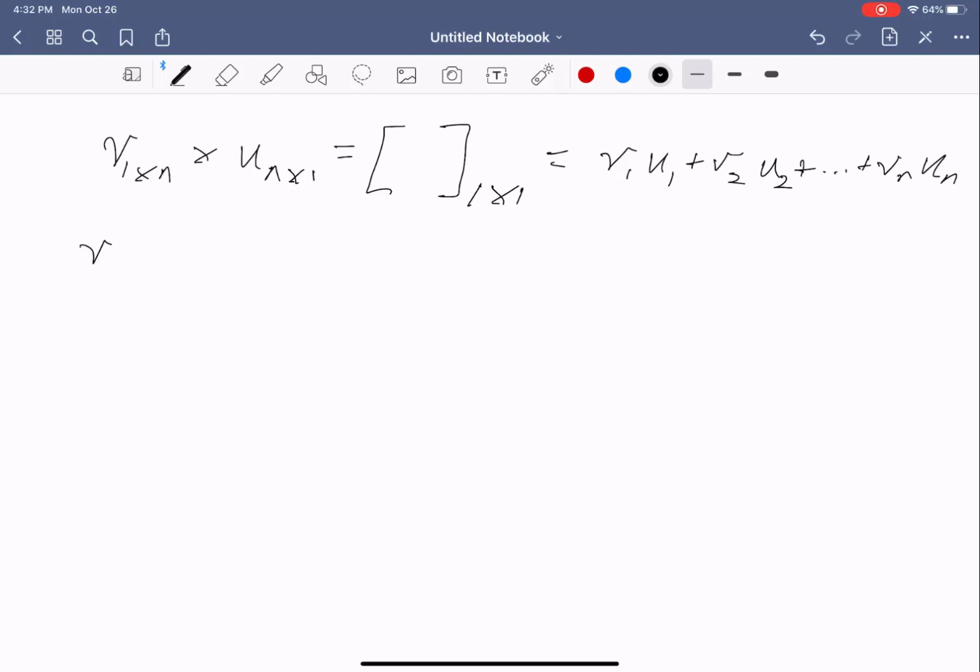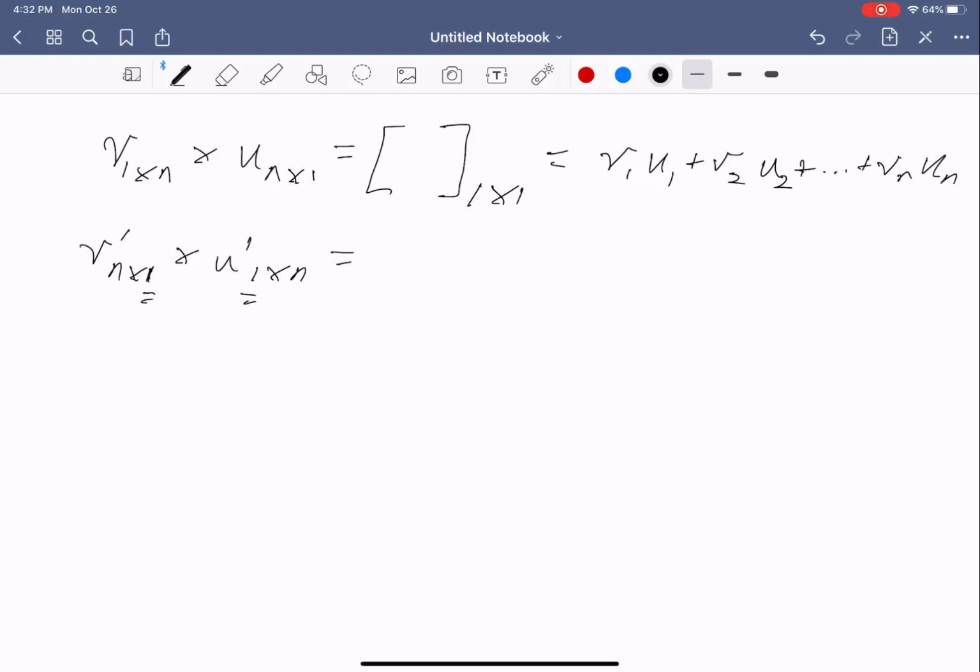Now we can also go v prime, n by 1, times u prime, 1 by n. Now we're going to get something different, because remember that 1 is going to cancel that 1.